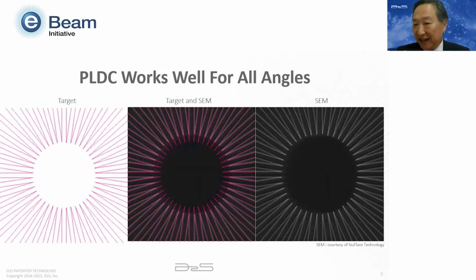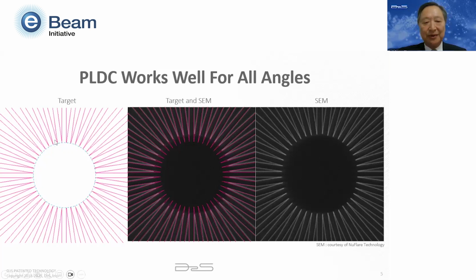PLDC does the best it can to try to get the machine to write as accurately as possible, but if it's mask rule incorrect, there's a limit to what it can do. The question is, though, the behavior of the correction when it's trying the best it can.